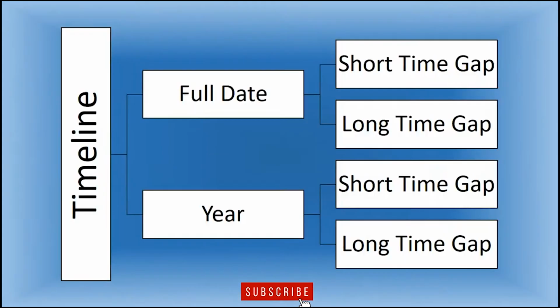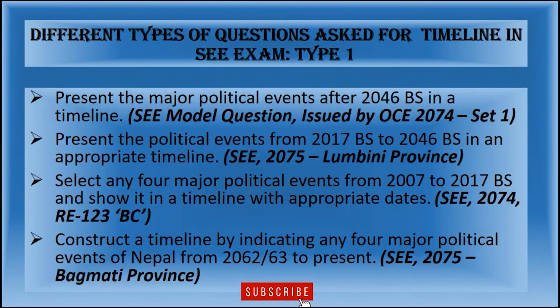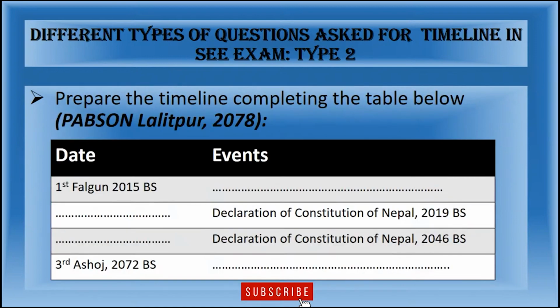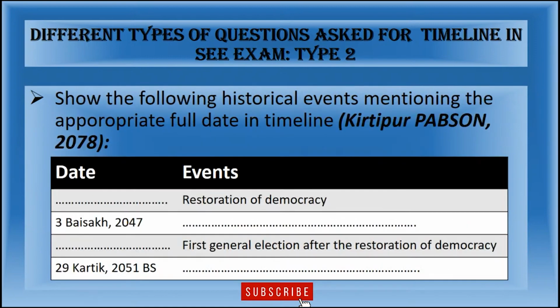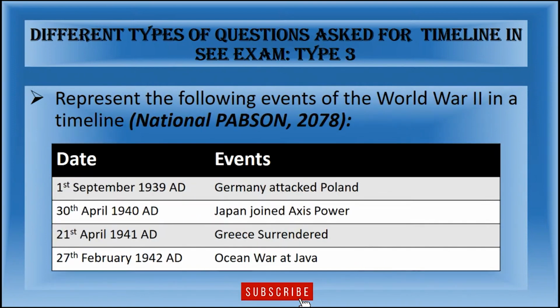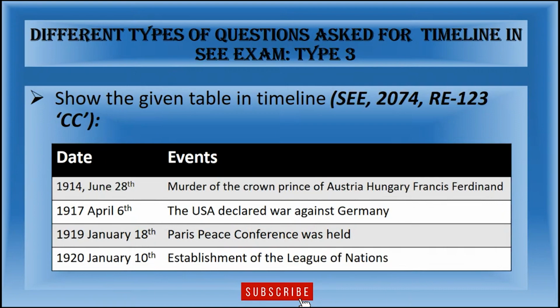Now before leaving, I suggest you solve all these questions. You can screenshot or copy them, and solve them this week. Look here. This is the first type of question. Please check it. And second, third, fourth, fifth, up to this.